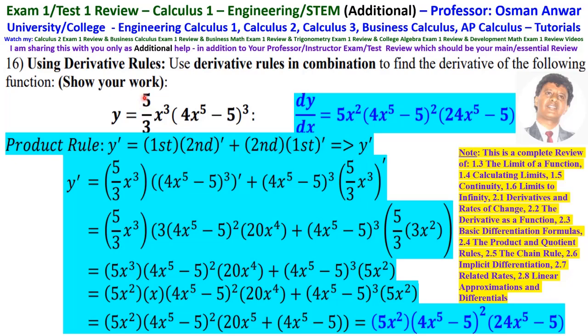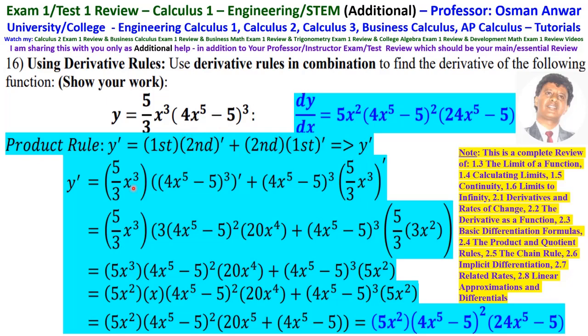So this is obviously a product. We're going to use the product rule within the chain rule. The product rule is the first times the derivative of the second plus the second times the derivative of the first. The first is 5 over 3 x to the third. The second function is (4x to the 5 minus 5) to the third.